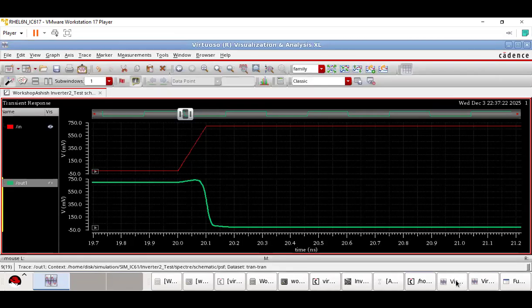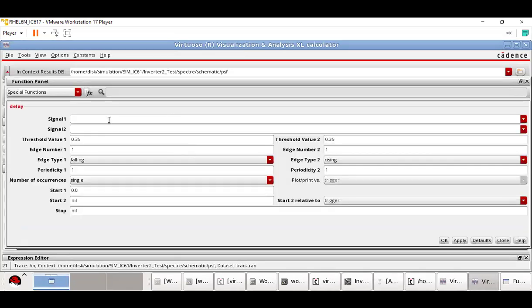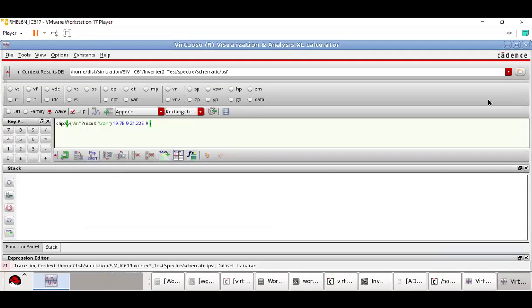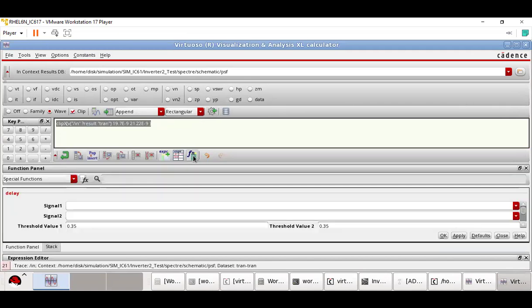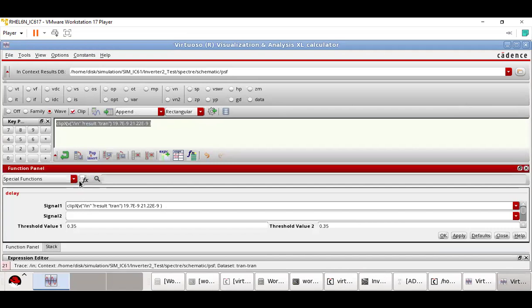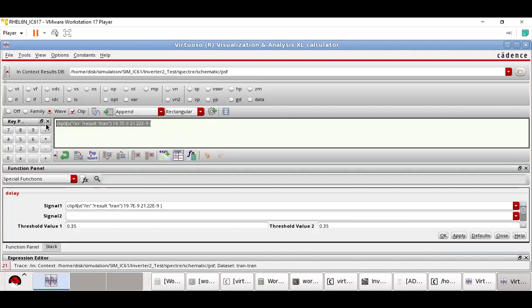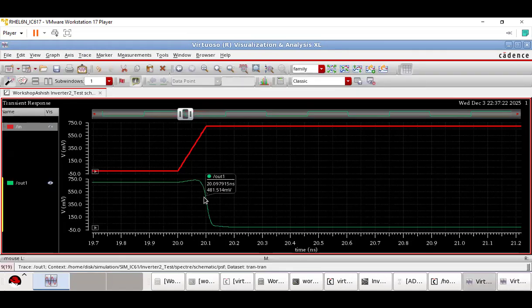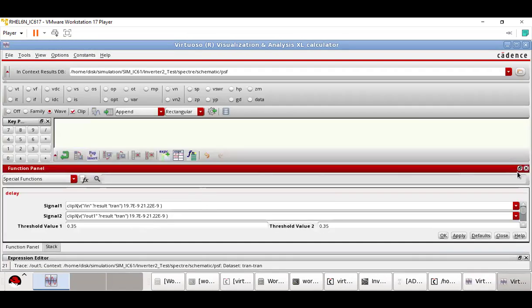Your signal 1 is input. This there you have. And signal 2 is output. There.